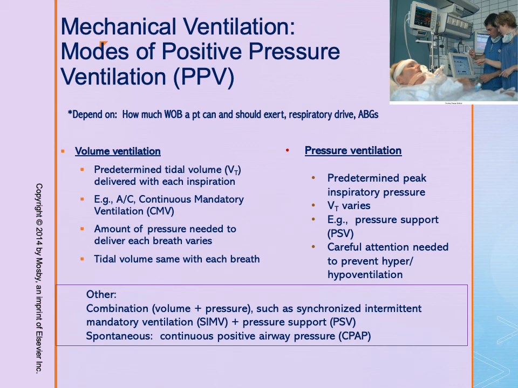The respiratory drive of the patient dictates the respiratory rate and the tidal volume. So if the respiratory center is triggered under certain conditions, the patient may breathe faster or may breathe slower. The mode that the provider selects also depends on the arterial blood gas results, or ABG results. This will drive the mode as well.